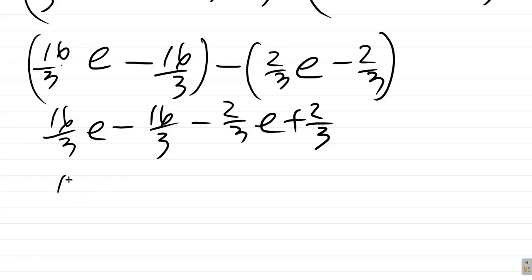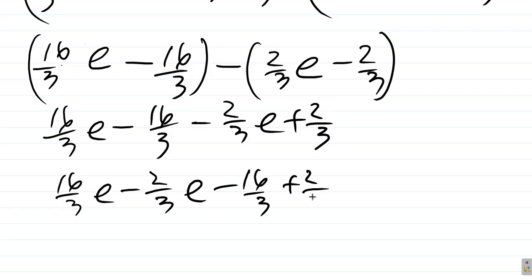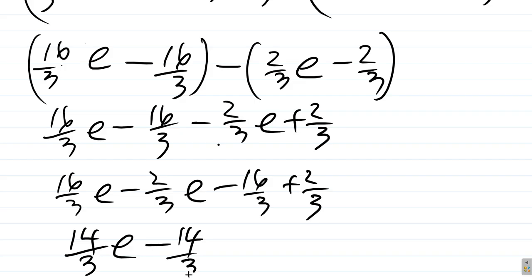So you have 16 over 3 e minus 2 over 3 e minus 16 over 3 plus 2 over 3. 16 minus 2 is 14, so it's 14 over 3 e. What's negative 16 plus 2, that's negative 14, so it's minus 14 over 3.